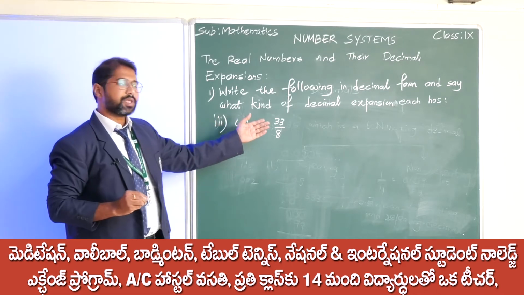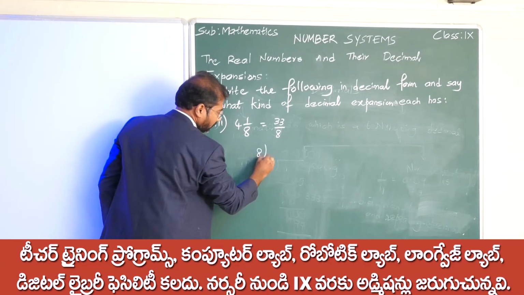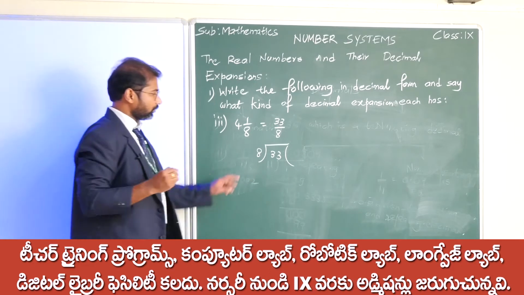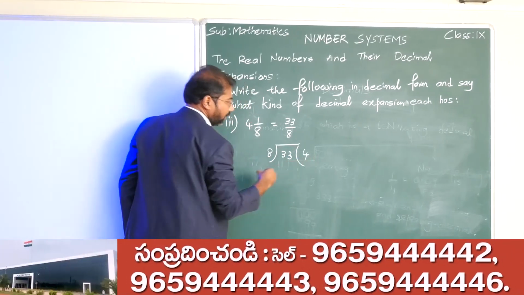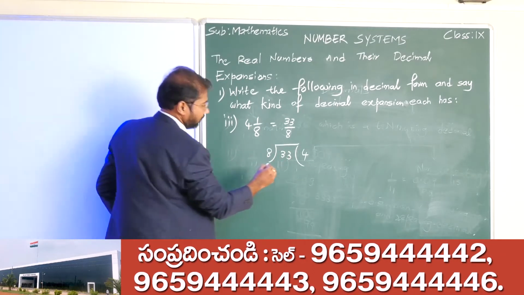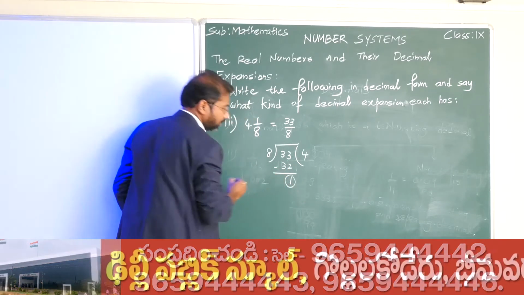So I will do the normal division. Here 32 will not go in 8 table exactly, so we have to go for 8 fours are 32. When you subtract, the remainder is 1.